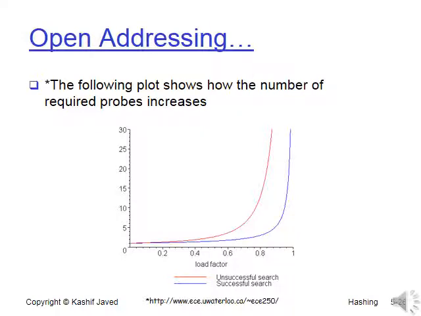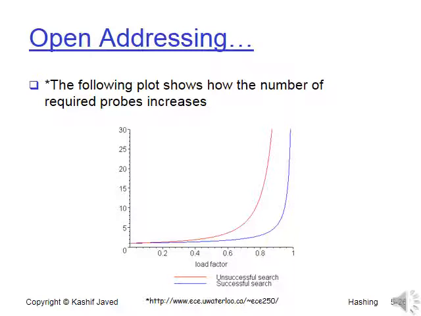The following plot shows how the number of required probes increases. You can observe the plot where the load factor is the abscissa and the number of probes is the ordinate. Load factor should not exceed 0.5 for unsuccessful search.